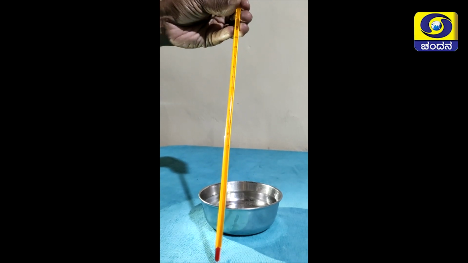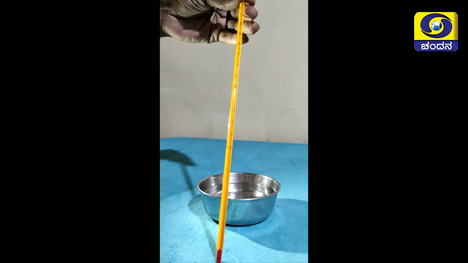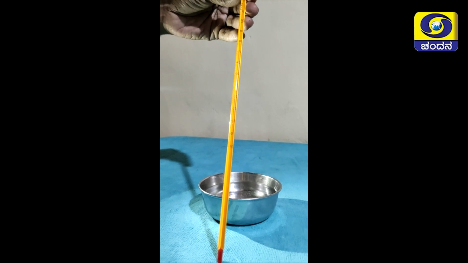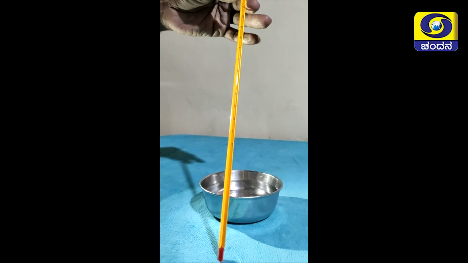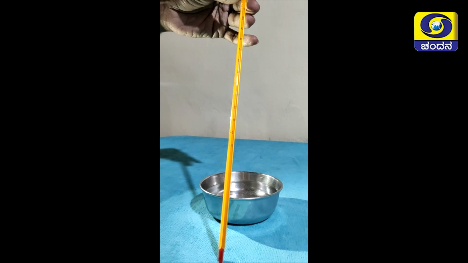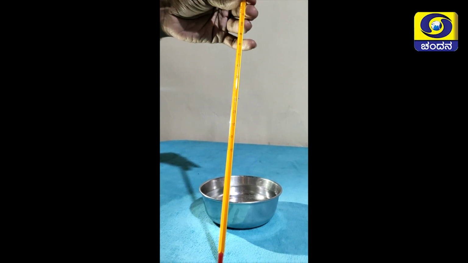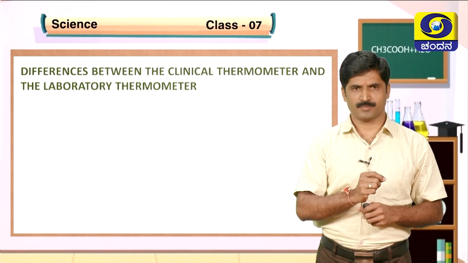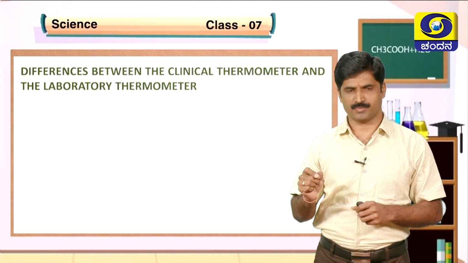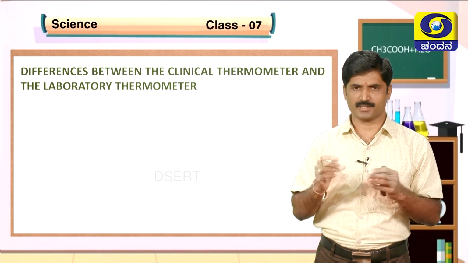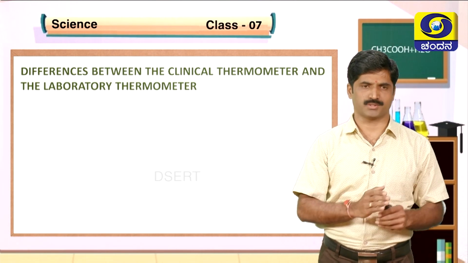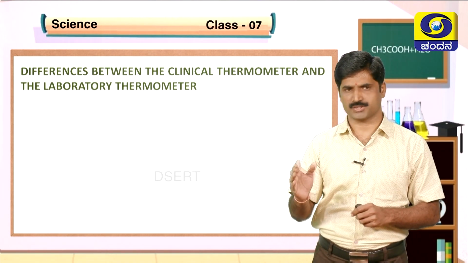So the doctor cannot judge the condition of the patient, so we cannot use this laboratory thermometer for measuring the body temperature. Clinical thermometer and laboratory thermometer have different advantages. They should be used in particular situations only.